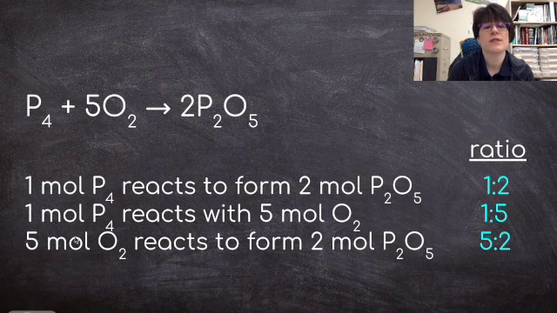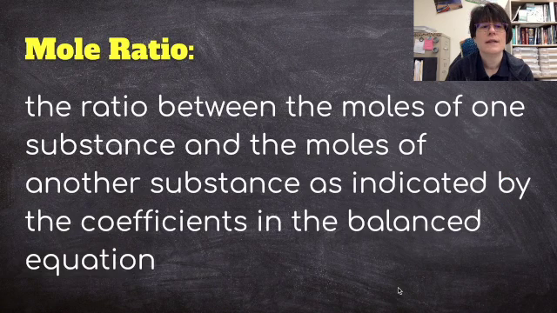We can also see from the equation that 1 mole of phosphorus reacts with 5 moles of oxygen gas, a ratio of 1 to 5. And 5 moles of oxygen reacts to form 2 moles of phosphorus oxide, so their ratio is 5 to 2. Now these ratios are called mole ratios.